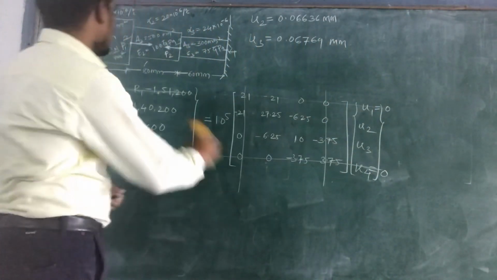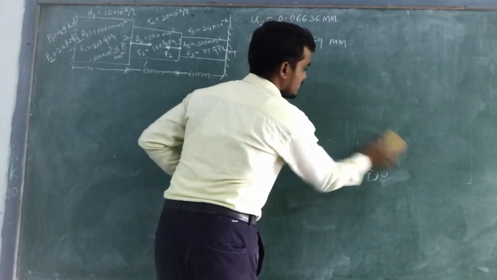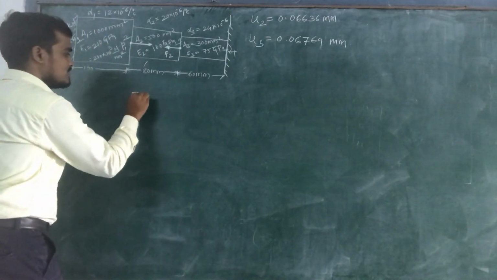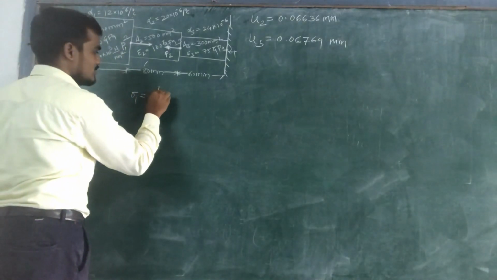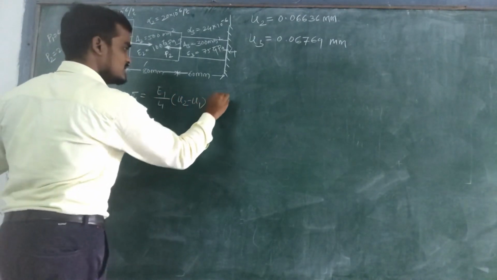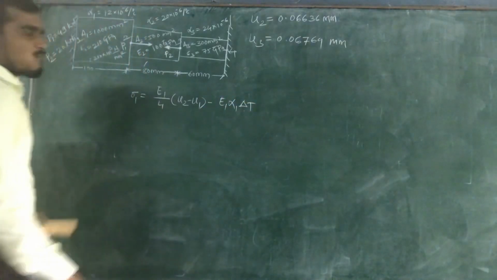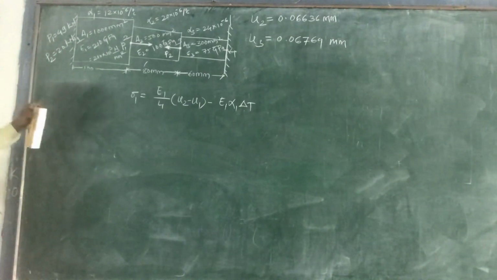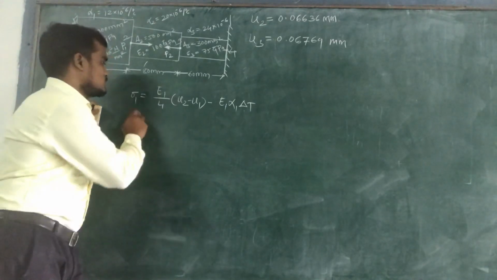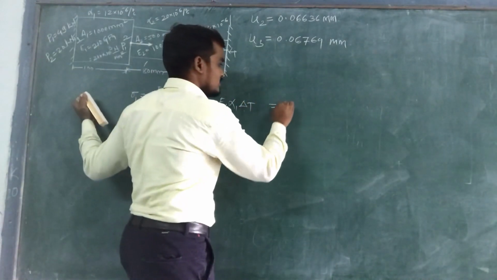Okay, now next step is what? To find out the stresses. We know that the formula is sigma 1 is given by E1 by L1 in bracket U2 minus U1, minus E1 alpha 1 delta T. So E by L, U2 minus U1, minus E alpha delta T. If you put all the values here, you will get sigma 1.